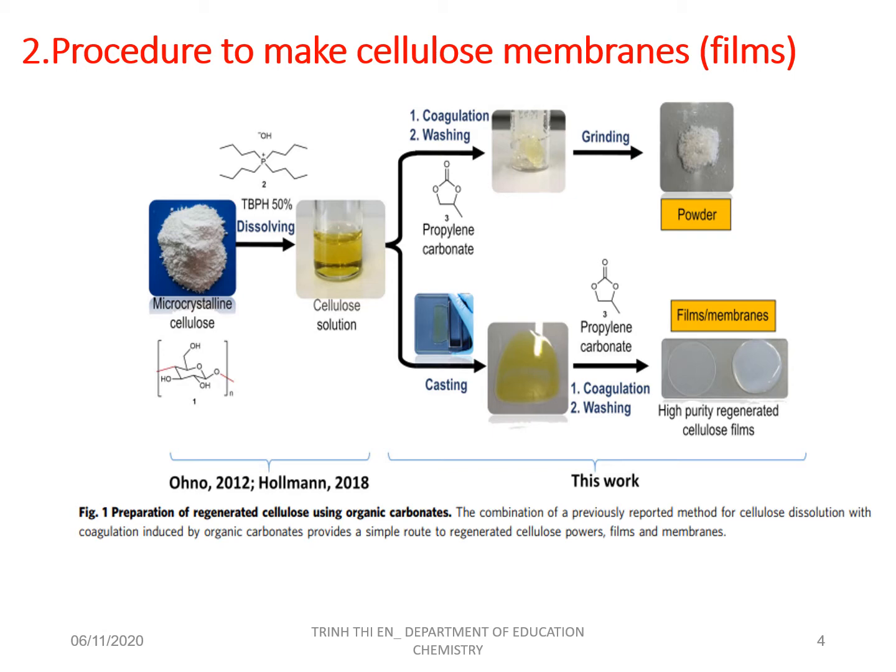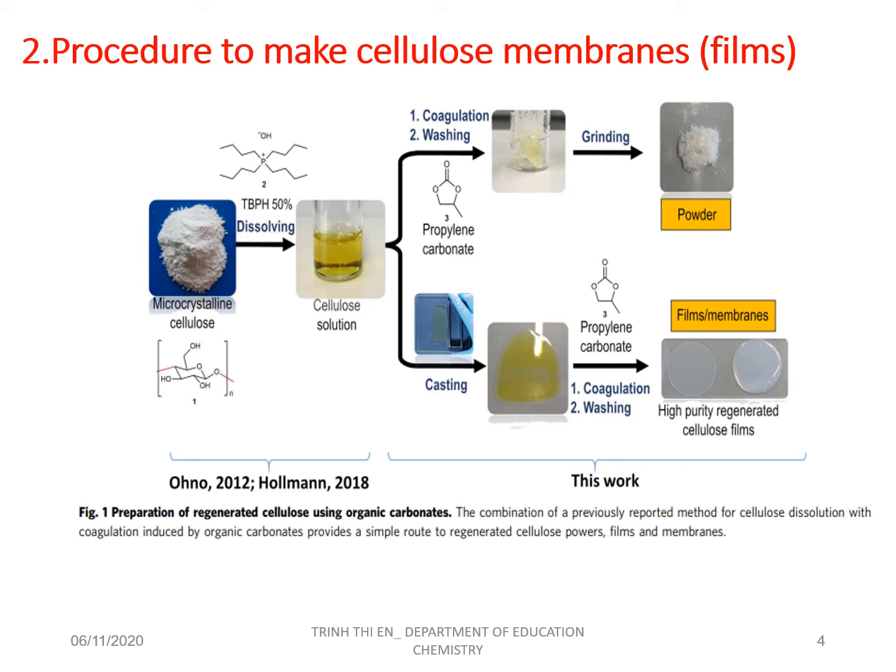TBPH means tetrabutylphosphonium hydroxide, and it makes the microcrystalline cellulose dissolve into a clear cellulose solution. Then there are two treatments. First, coagulation with propylene carbonate, then washing, and then grinding. We get the powder of cellulose.